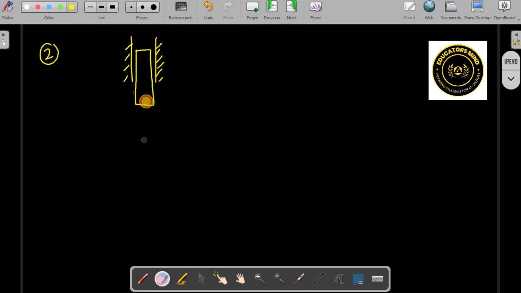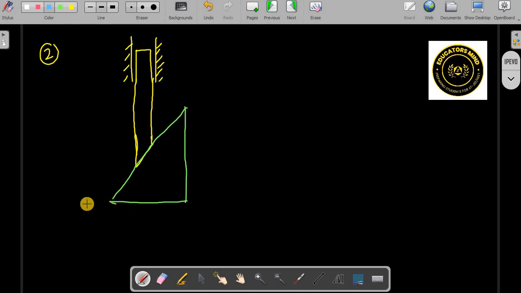You can extend it like this, but this would be exactly a straight line. Suppose this is like this. This is a wedge and this is another like this.